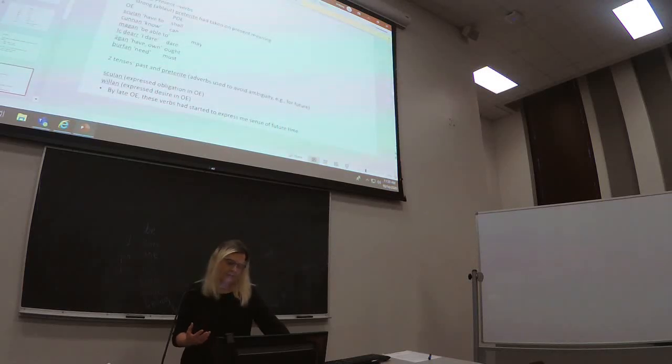Then there is this concept of so-called preterite present verbs that have the strong preterite that have taken on present meaning, which are the modal auxiliaries of today. But they used to be, in Old English, meaningful main verbs.